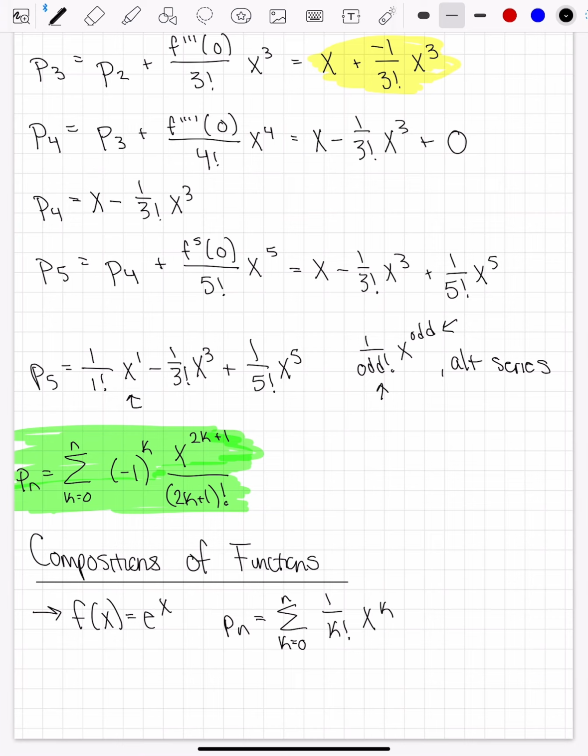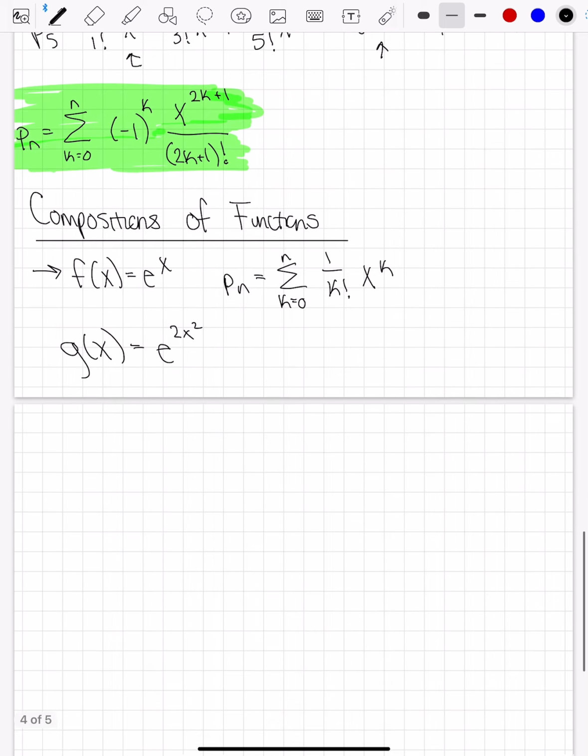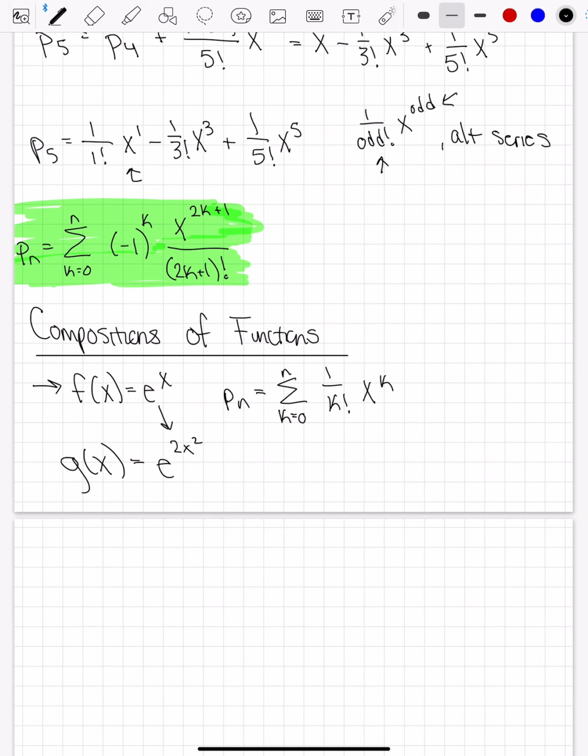And so if, for example, I also wanted to find the polynomial for the function g of x equals e to the 2x squared, then how I get from here to here is just by plugging in the function h of x, 2x squared, for x.